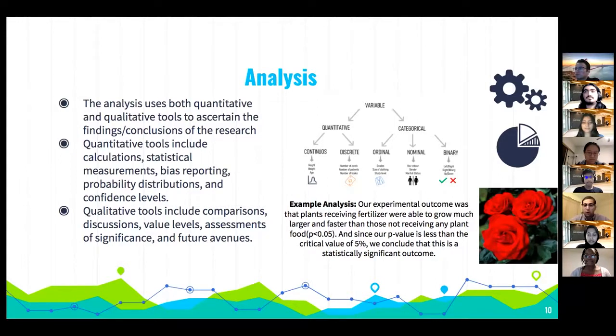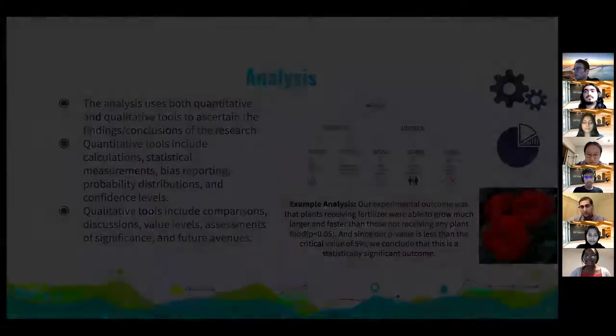With regard to our plant experiment example, an analysis could include that our experimental outcome was that plants receiving fertilizer were able to grow much larger and faster than those not receiving it, because of our p-value. That is a component of our quantitative result. And if our p-value is less than our critical value of 5%, for example, we can qualitatively assert that our outcome is significant with regard to that quantitative analysis and qualitative analysis.